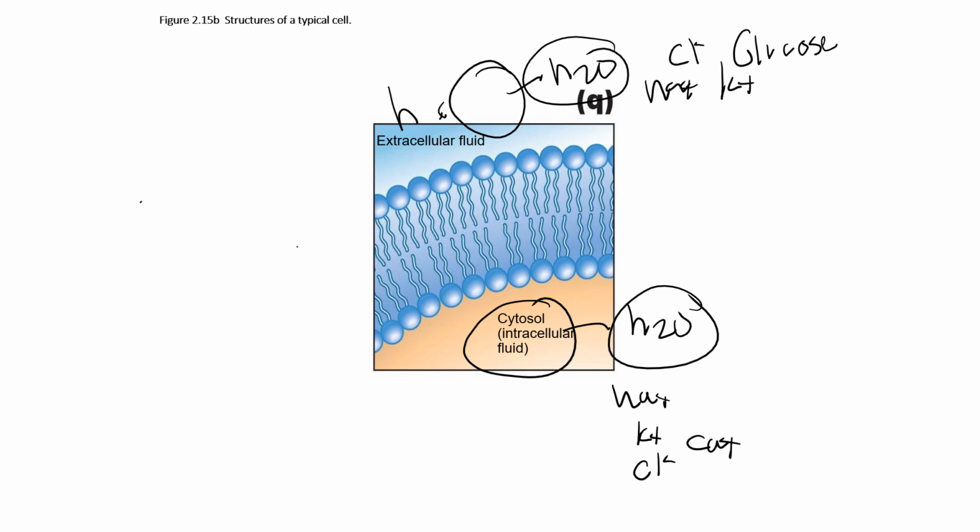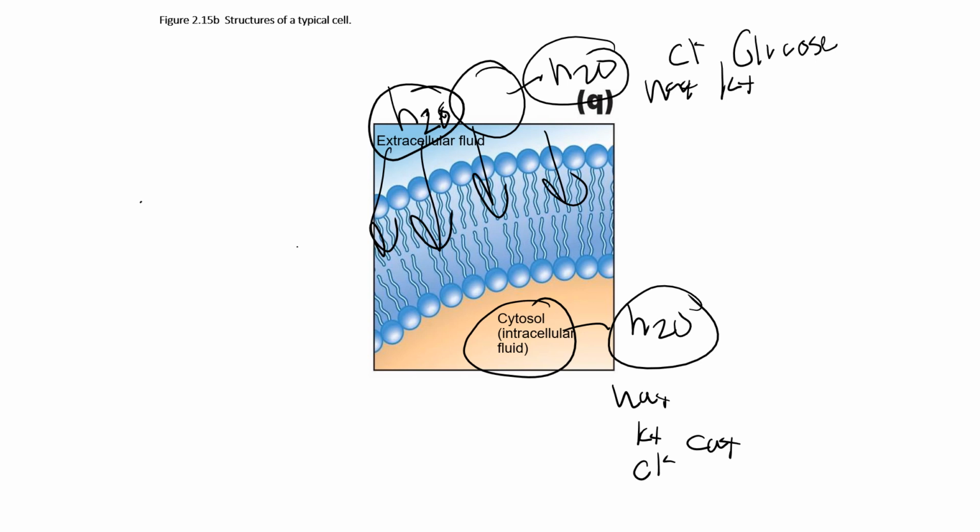What about water? We know water is polar. There are more electrons distributed towards the oxygen side of the water molecule versus the hydrogen side of the water molecule, right? So it has a negative and a positive side. So what's going to happen if water, which is polar, tries to come in from the extracellular fluid into the intracellular fluid?